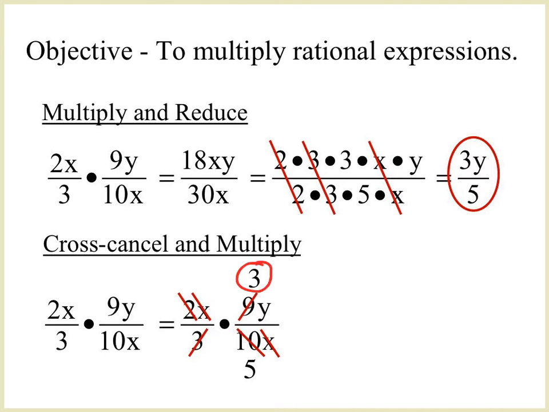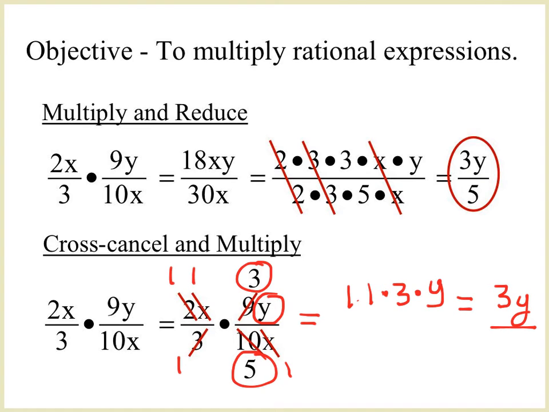I'm left with a 3, a y, and a 5. Now remember, every time I'm canceling out, I'm actually left with 1s if there's no number left. So I'm left with 1 times 1 times 3 times y, which equals 3y, all over 1 times 1 times 5, which is 5.